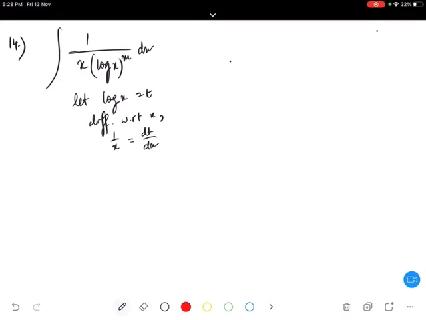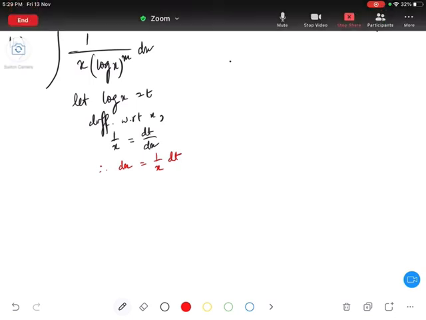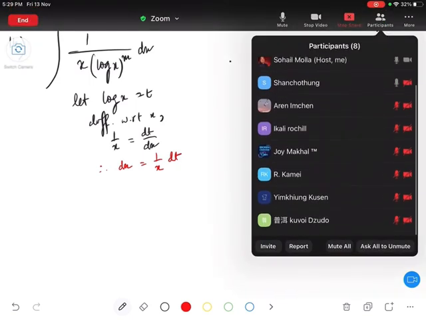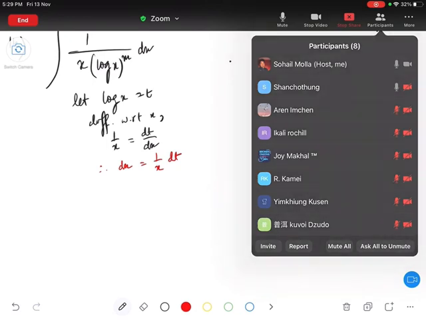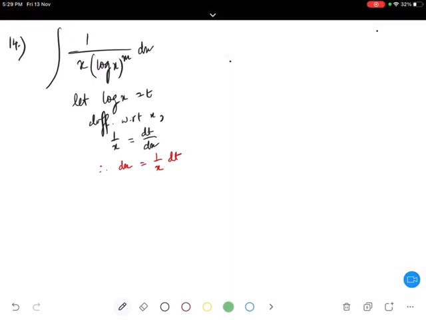Differentiation of log x is 1 by x, and this one. So we will write. Yes. Someone was, what happened? I couldn't hear you. Acha, so dx is equal to what? This thing. So we will substitute this one and this one. So let's do it.